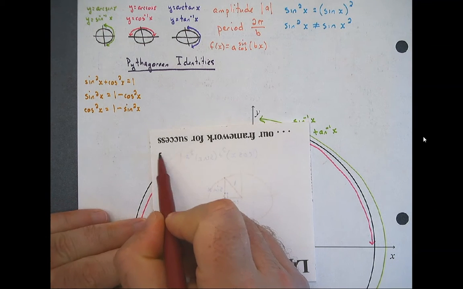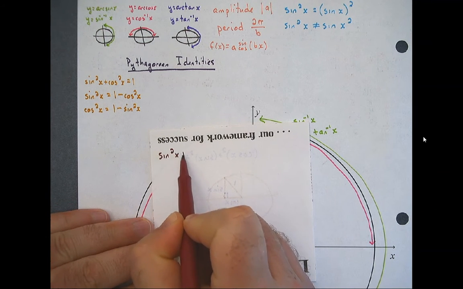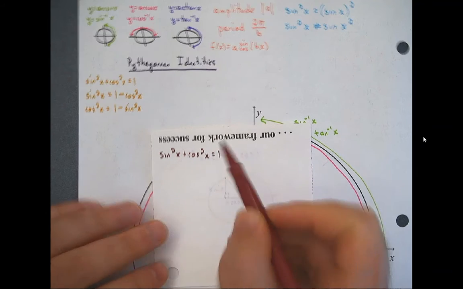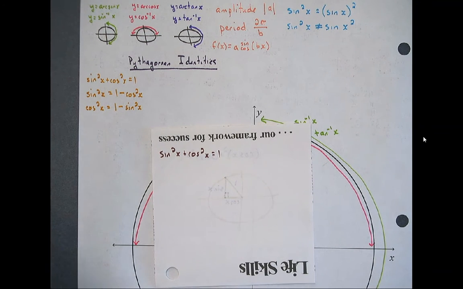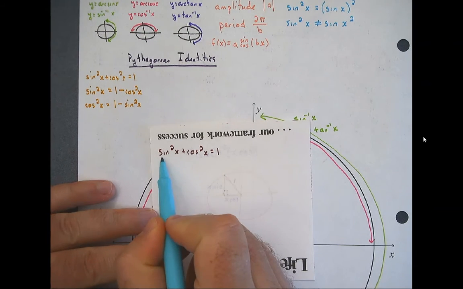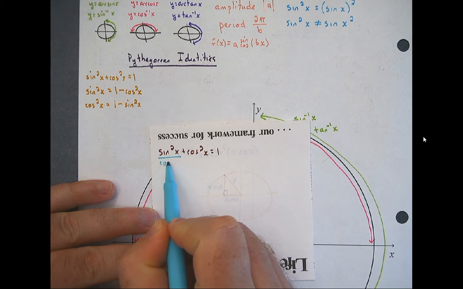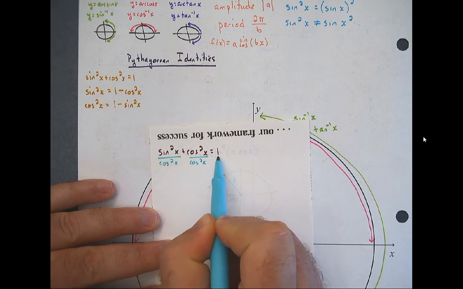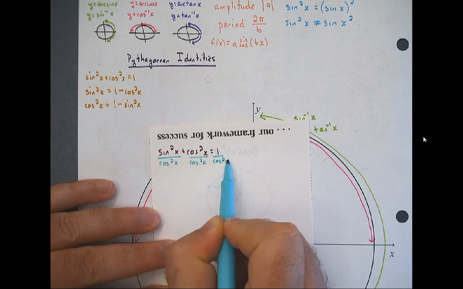So let's take sine squared x plus cosine squared x equals 1, and let's divide that by cosine squared. I'm going to divide each piece of this by cosine squared.